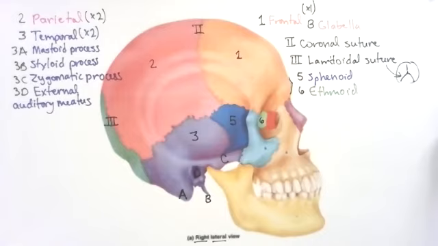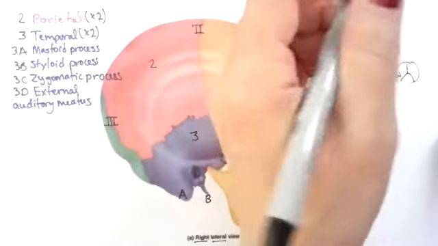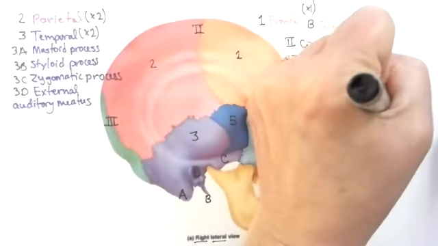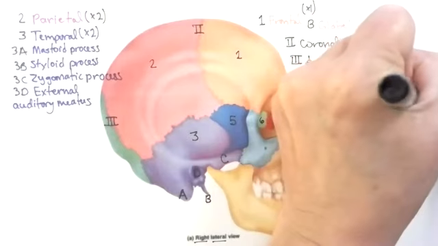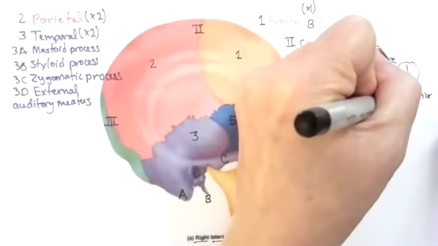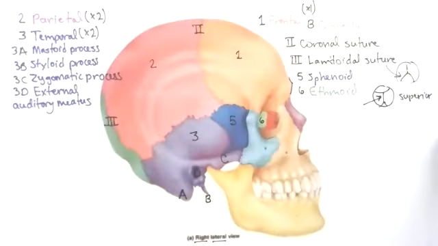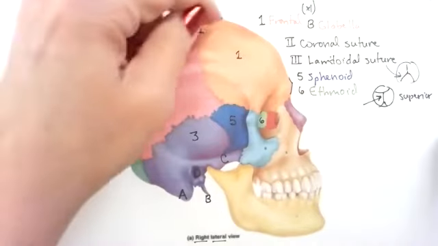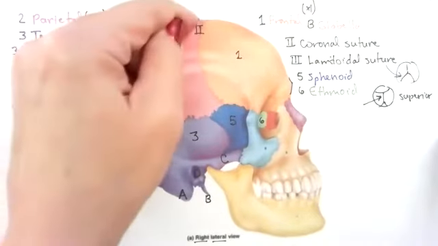One other thing, we're missing one suture. I don't think we have a diagram that shows this. If you look at the top of the head, so if this is a superior view of the skull, you'd have the coronal suture here, you'd have the lambdoidal suture here. You have a suture that comes down the center that separates the two halves of the parietal.